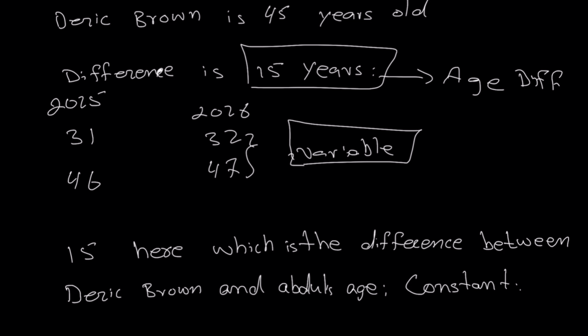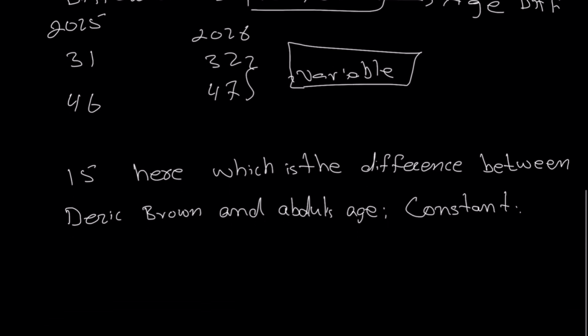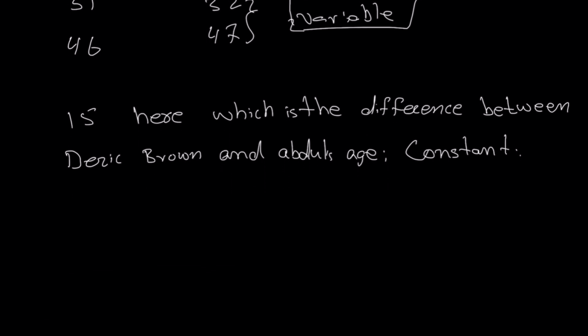When I was 15 years old, he was 30. When I was 5 years old, he was 20. So that difference, that 15, doesn't change. The difference is still the same. But what changes is the age of mine and Derek Brown's.